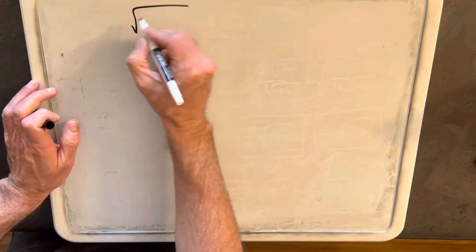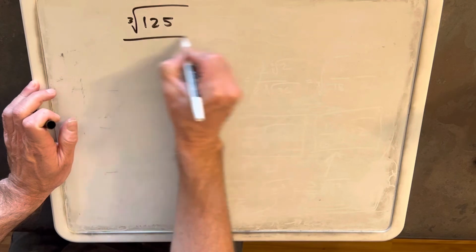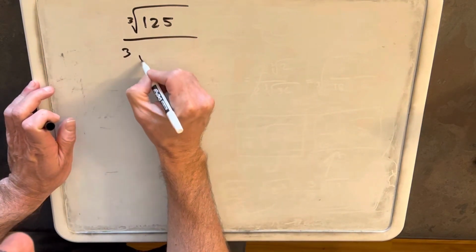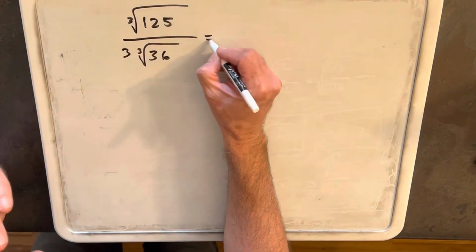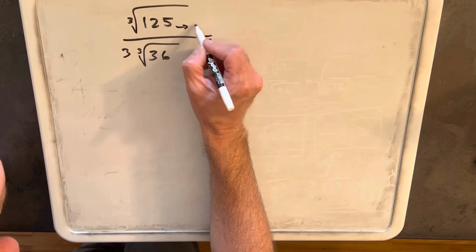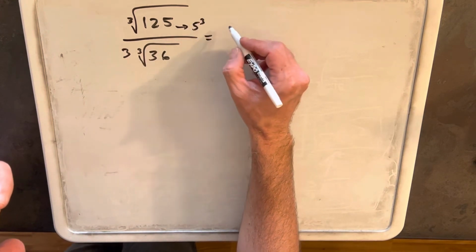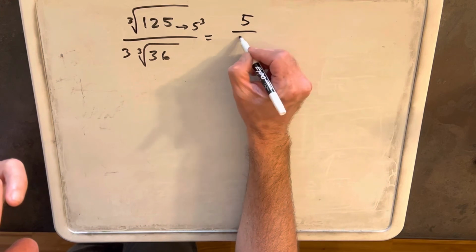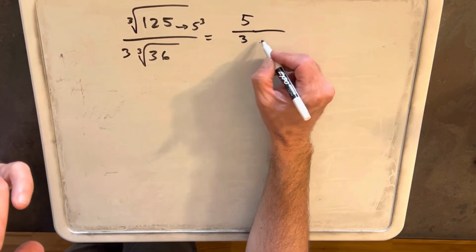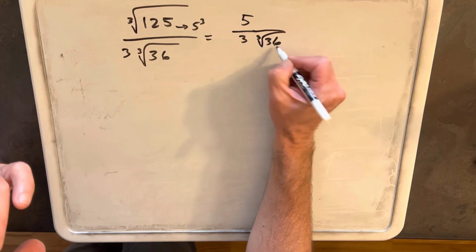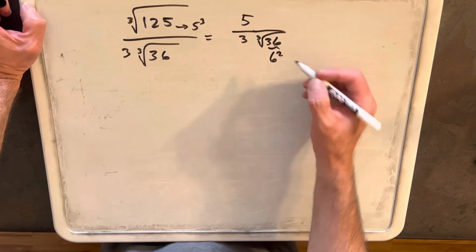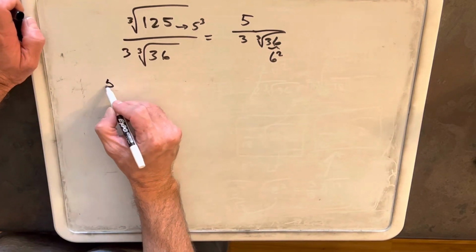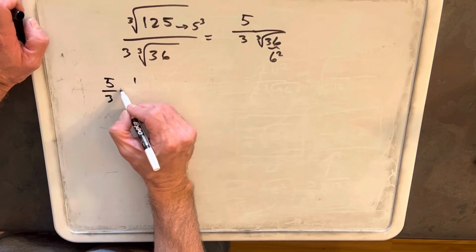Next one, cube root of 125 over 3 cube root of 36. Okay, so the top is 5 cubed. So we're just going to have a 5 on top over 3, and then we have this cube root of 36 in the denominator. Now 36 is 6 squared.